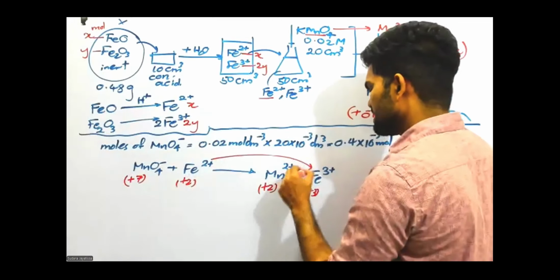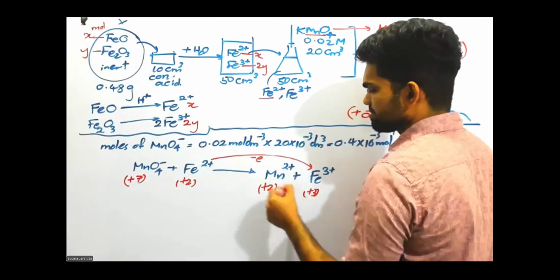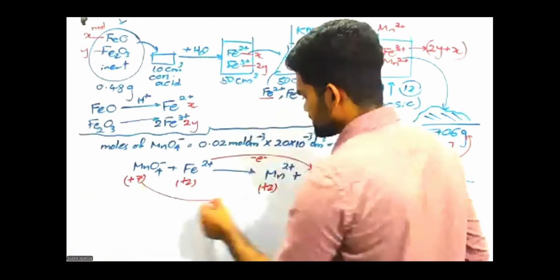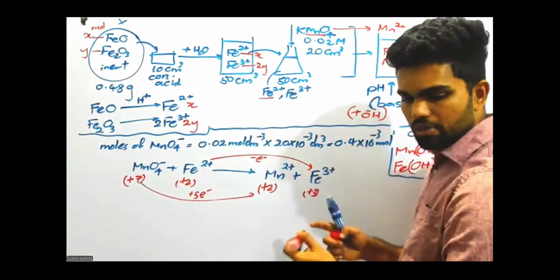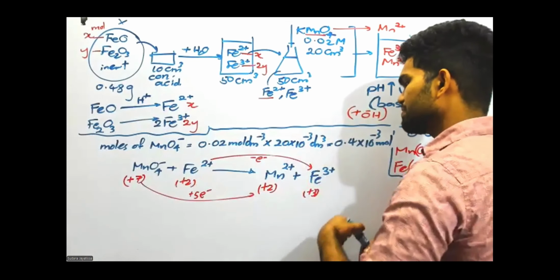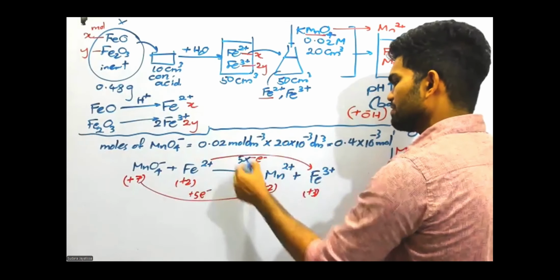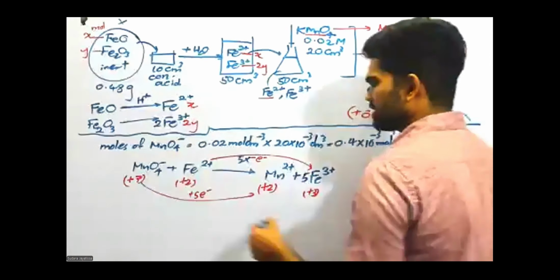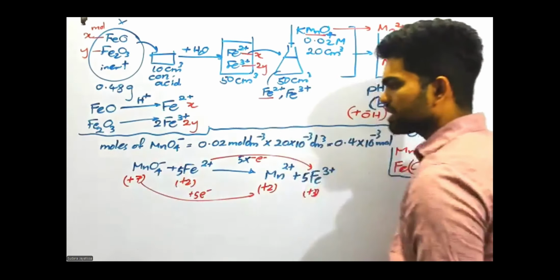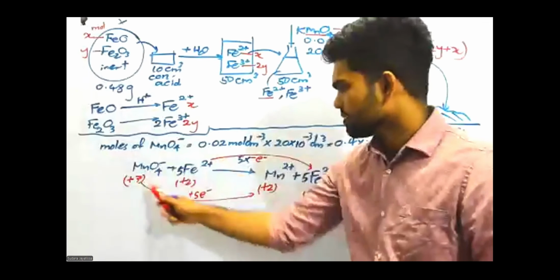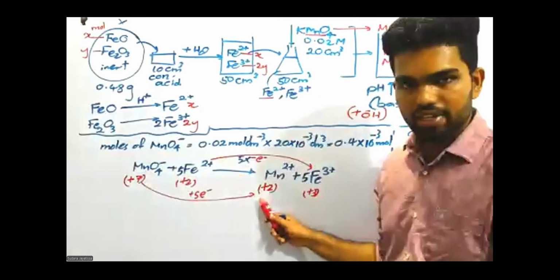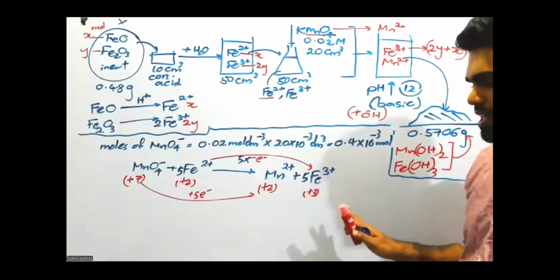You can see this is oxidizing by losing 1 electron, and this is reducing by gaining 5 electrons. The least common multiple between 1 and 5 is 5. So let's multiply this one by 5: 5 Fe3 plus and 5 Fe2 plus. Now the electrons are balanced: 5 electrons lost, 5 electrons gained.